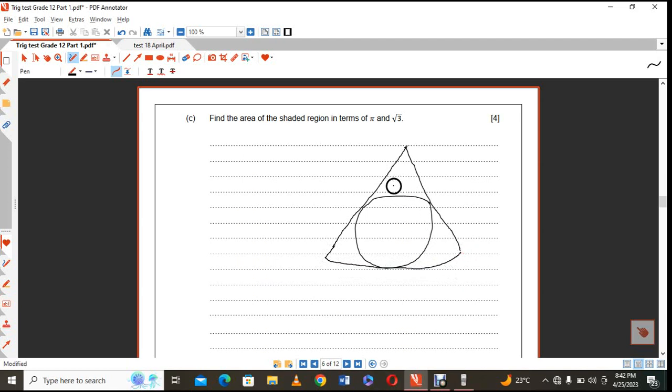What they are looking for is this area over here. If you were to look at the diagram, and if I was to draw something from here all the way up to there, you must understand the drawing is not perfect. It's supposed to be touching like so. And we also know that this is the radius of 4, that's the radius of 4, and this is also radius of 4.